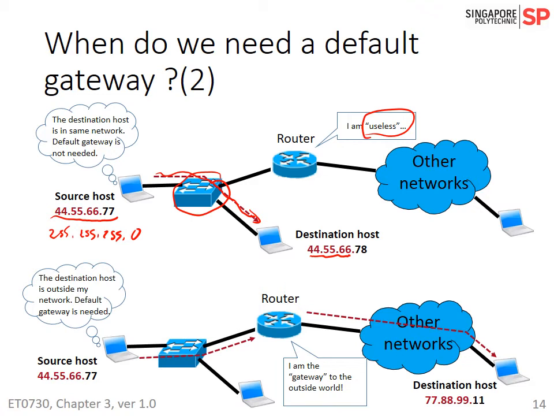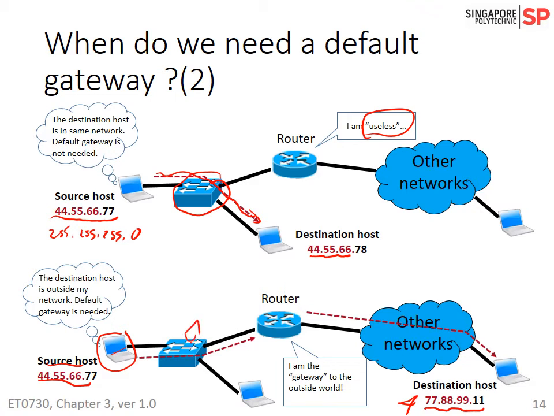But if this source 44.55.66.77 needs to go to a host with the IP address 77.88.99.11, this source realizes that it is going to contact an IP address in a different network from itself. What should it do? It will need its default gateway's help.